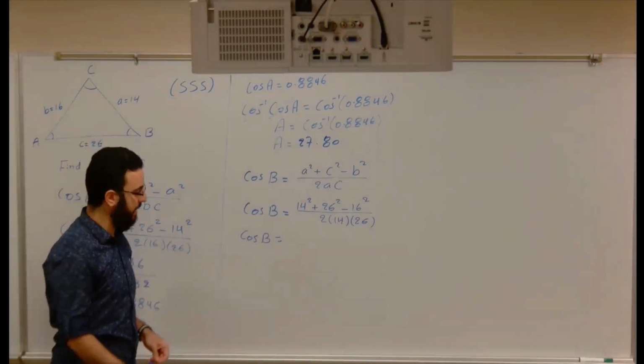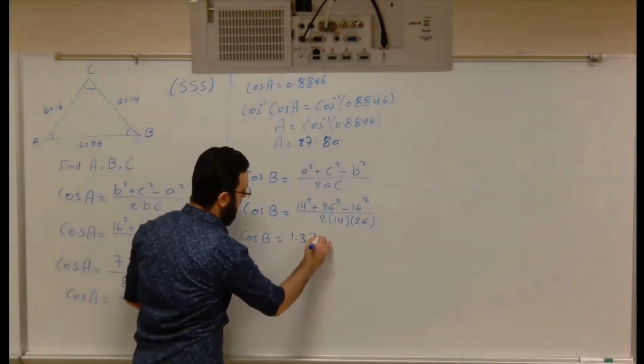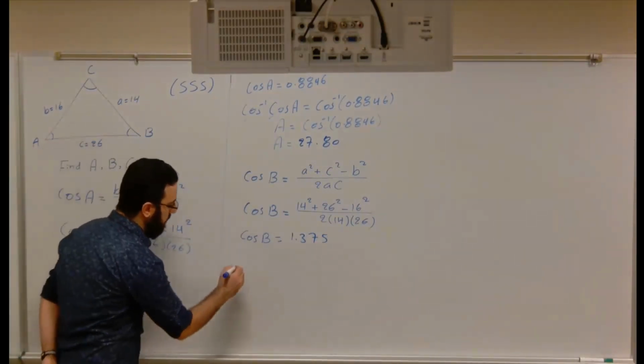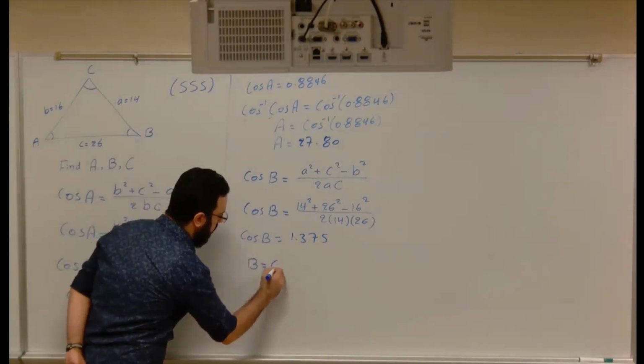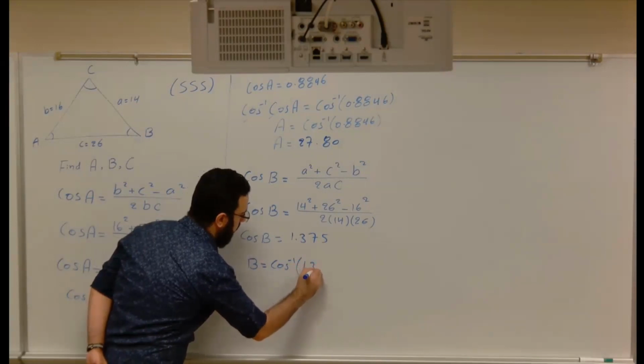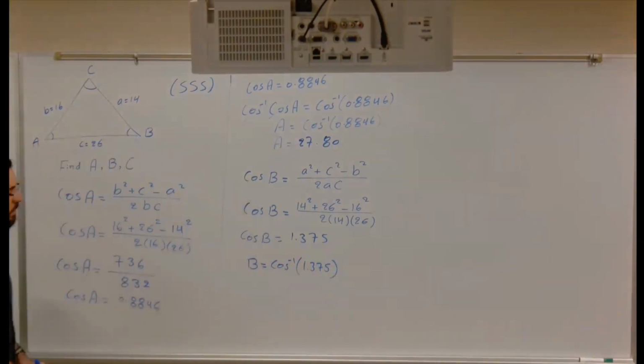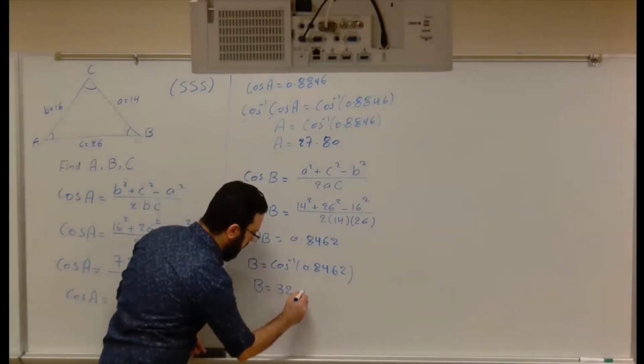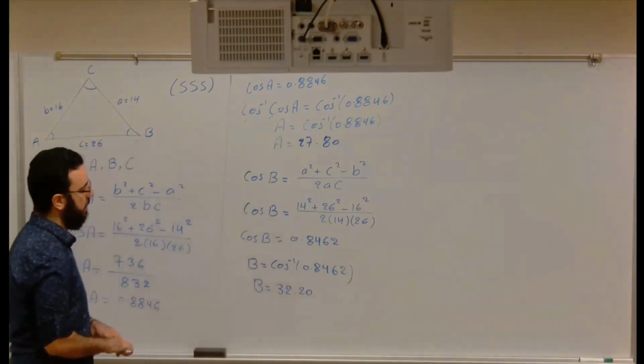I got 1.375. Okay, so that means B is going to be equal to cosine inverse to 1.375. So how much would the angle be? Be careful, I'm telling you. How much is going to be B? Here is the B. That's making sense.